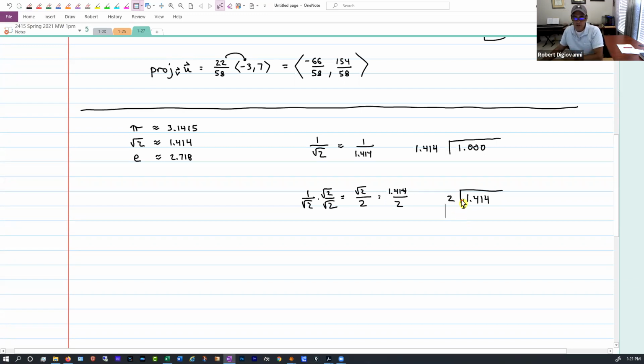And so 2 doesn't go into 1, but 2 goes into 14 how many times? 7. So you do a 0.7, then you put 14 here, and then you subtract, and you get 0. So you get 0.707. You see that that arithmetic is easier to do than the one above it.